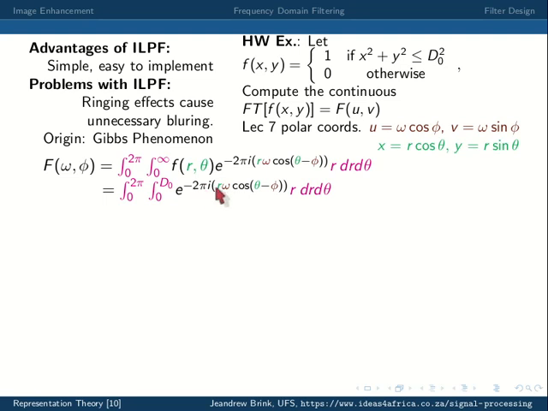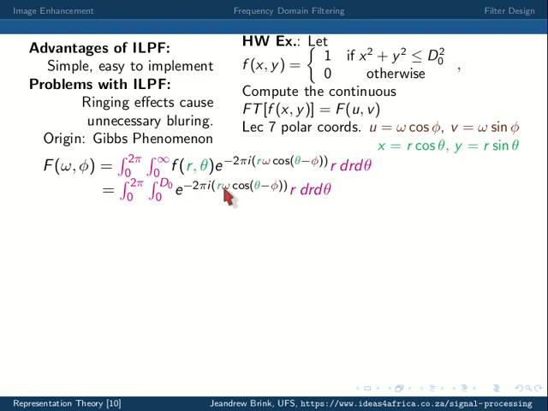If you group everything except for r, in other words, 2 pi times omega times cos of phi minus theta, and you call it something like beta, then you have an integral you already have. Then you basically have r times e to the beta I r, which you can already do.